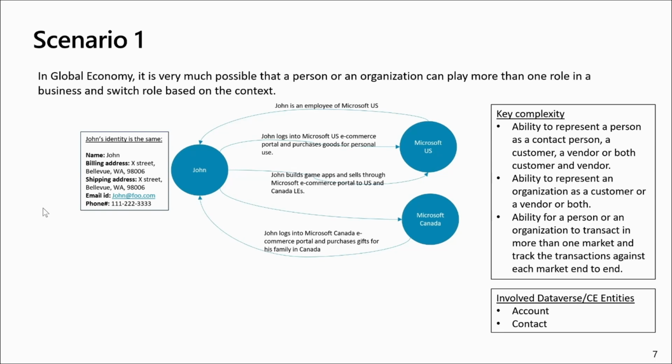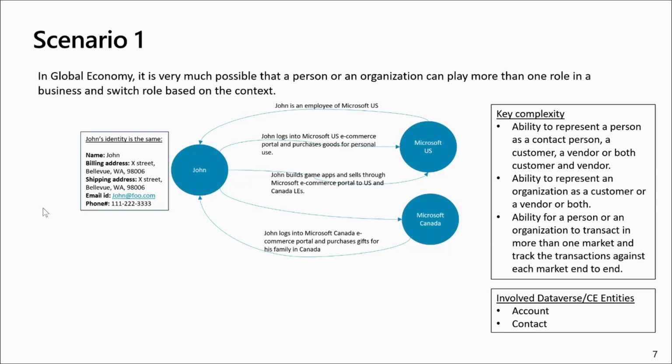So, for example, John is an employee of Microsoft US, and at the same time, John can log in into the Microsoft US e-commerce portal and can purchase goods or software or hardware for personal use. Therefore, John, as a person, is an employee of Microsoft, but at the same time, John, as a person, is also a customer for Microsoft US.